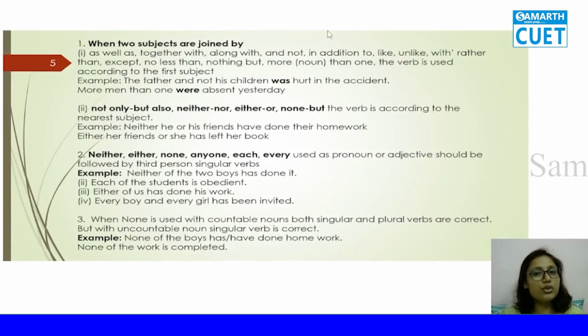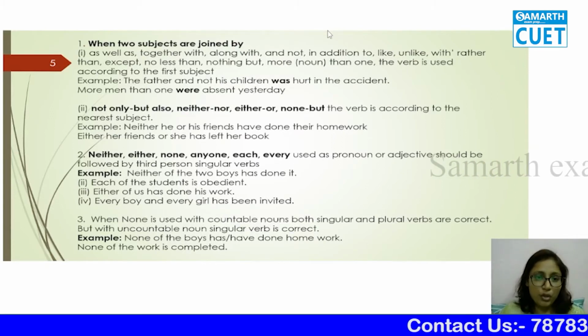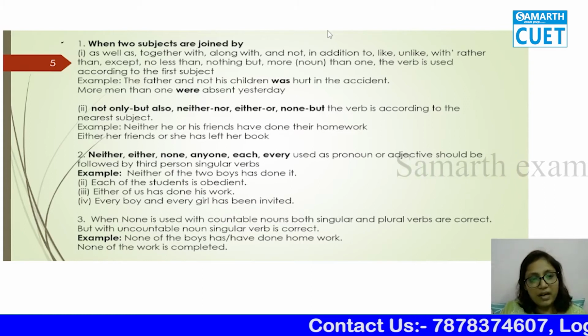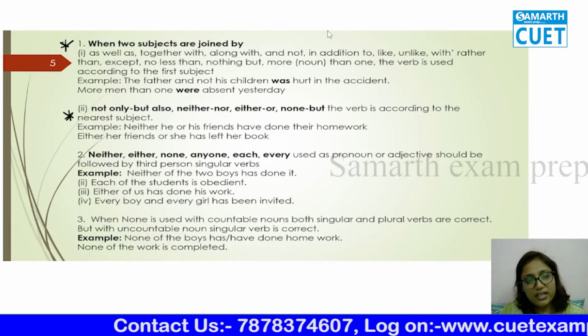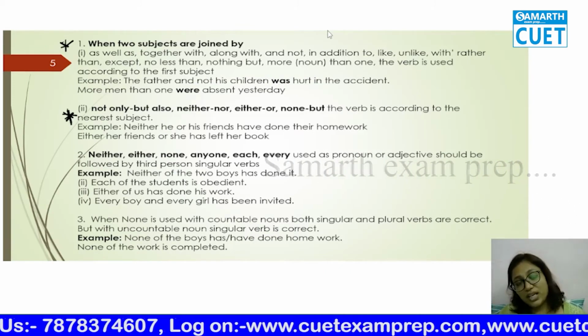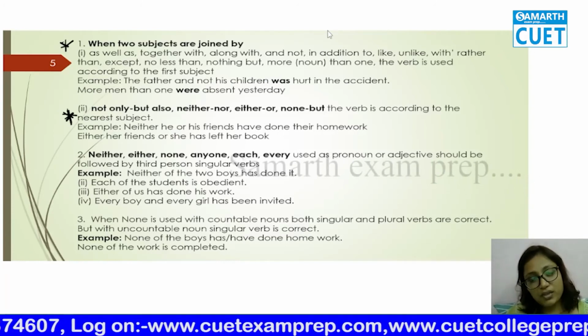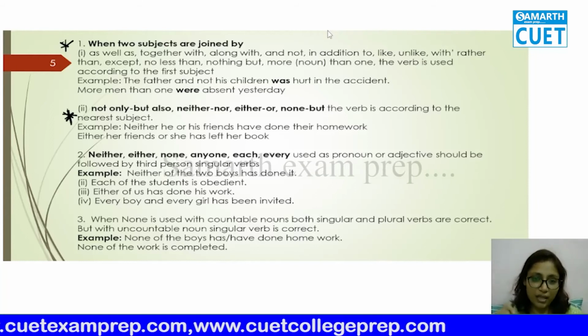So now we'll come to rules after discussing the types and what are verbs, which I think you are by now clear. So if you remember, our last lecture of pronoun, these two rules I have already discussed with pronouns, and I told you that when we are going to study verb, that means subject verb agreement, we are going to again read these rules. So today is our verb lecture, we'll again go through them.